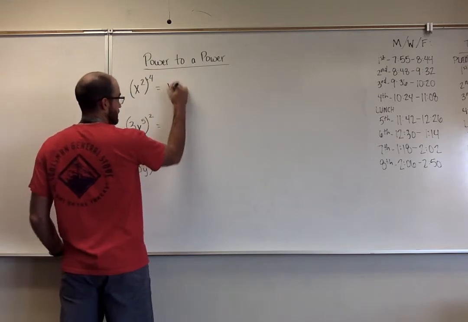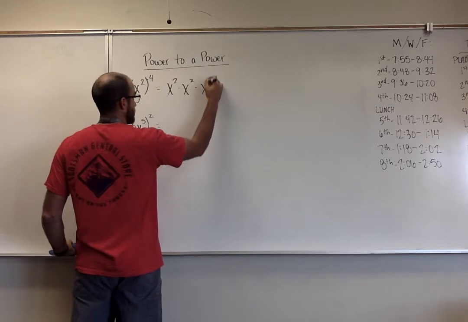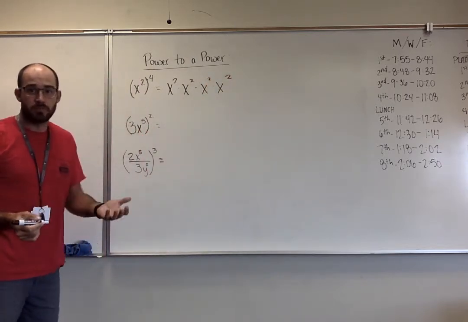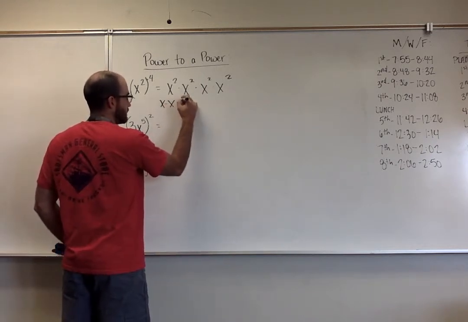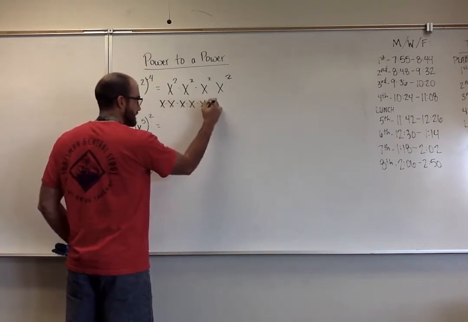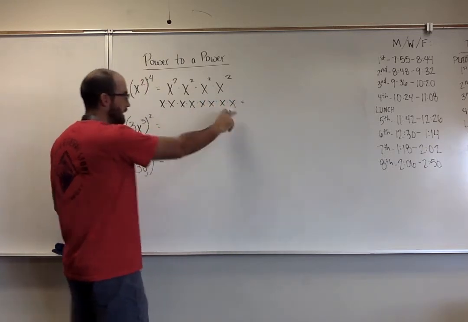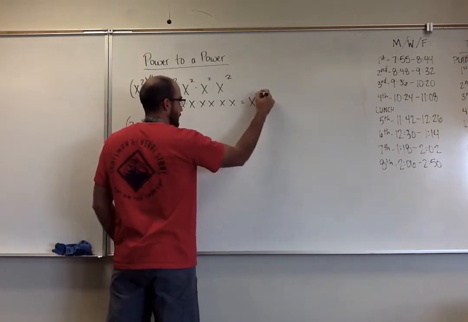So it's x to the second times x to the second times x to the second times x to the second, which we could expand even more: x times x times x times x times x times x times x times x. And that would get us our answer: there's 8 x's here, so it's x to the 8th power.